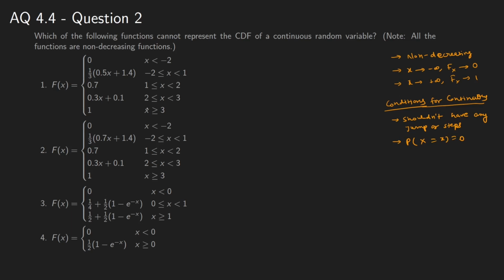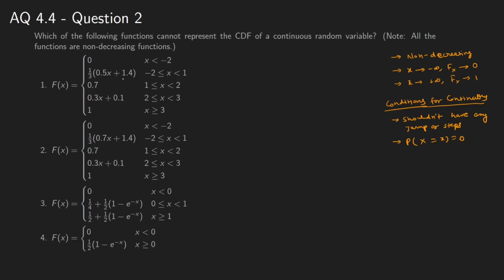So for checking whether any of these functions represents the CDF of a continuous random variable, we need to check these two conditions. Let's come to the first option. As we can observe here, this CDF function is defined in pieces. The first piece is 0 before -2, so it's a constant function.